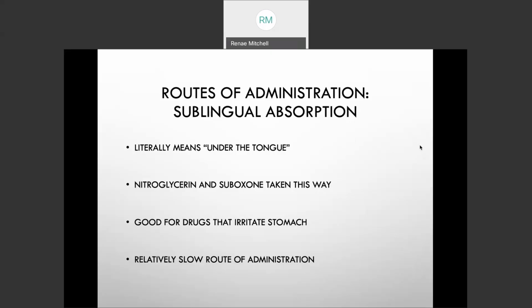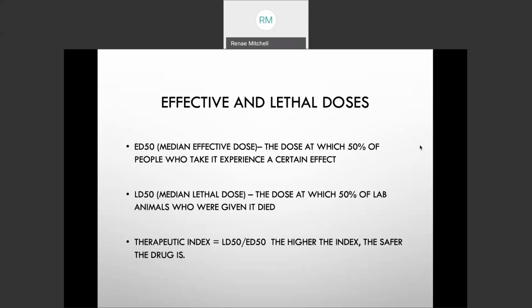So depending on the way that a drug is ingested, how it's taken into the body, and also the effectiveness of the drug at the receptor sites, all of these different factors are taken into consideration when trying to determine how effective a drug is.